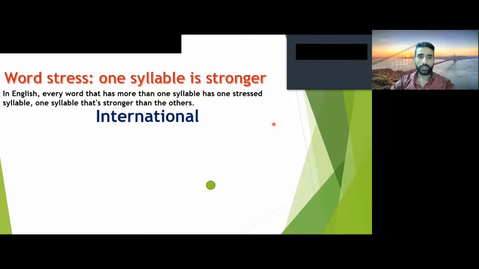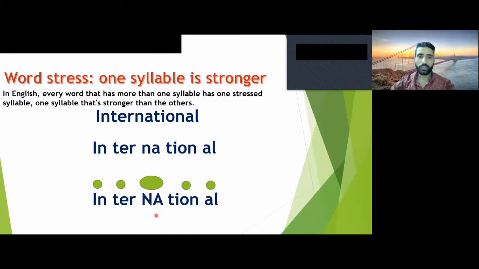Every word that has more than one syllable has one stressed syllable. One syllable that's stronger than the others, like international. International has five syllables, but one syllable is stronger than the other syllables.